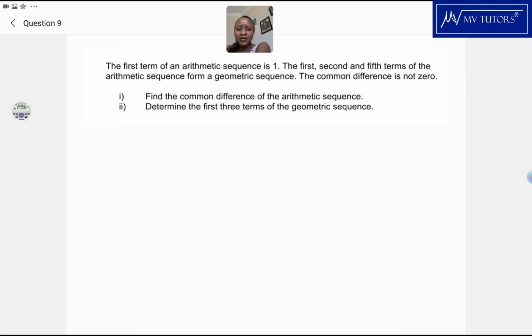Okay guys, we're not really given much info here. We only have 1. But anyway, let's write the first 5 terms.